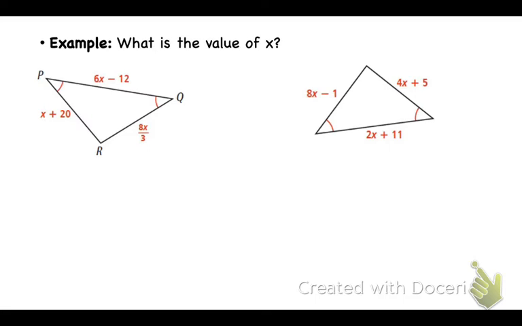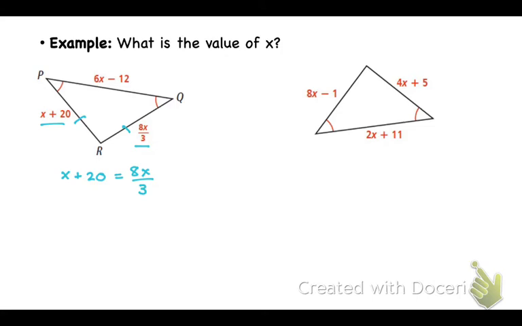Congruent. So do we know this? Yes. Okay, but does it tell me that till I put that there? No. Okay, so I know this side and this side are congruent, so that means they are what? Equal. So write them equal. X plus 20 equals 8x over 3.